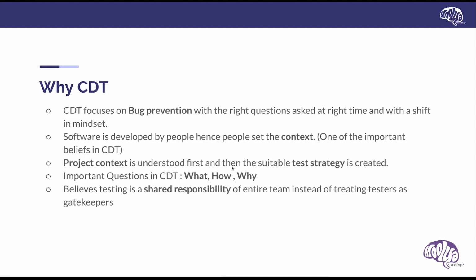Instead, we first understand the context, and then we come up with the best strategy that we can offer for this particular context, for this particular team, or for the testing that we are doing. The most important questions in CDT are what, how, and why.